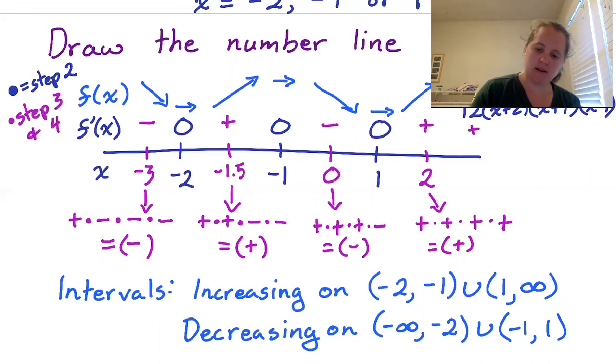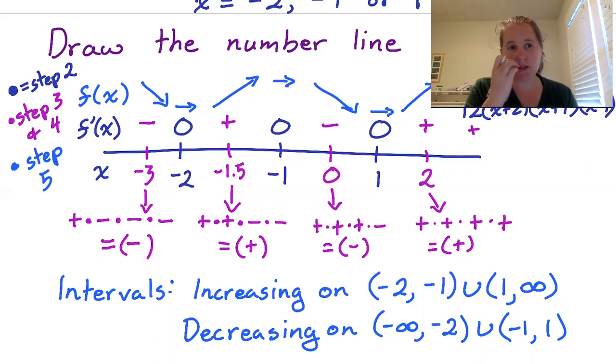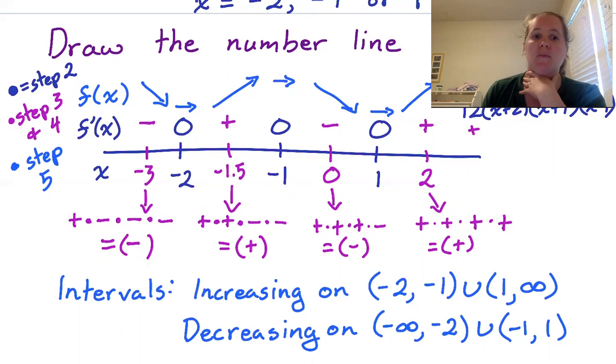And then what I did in light blue was step 5, if you wanted to go along. But this is what I would do personally for this sort of problem. Again, if you want to evaluate specifically to find f prime at each of your test points, you absolutely can, and you could just write f prime of -3 equals whatever number it would be as well.